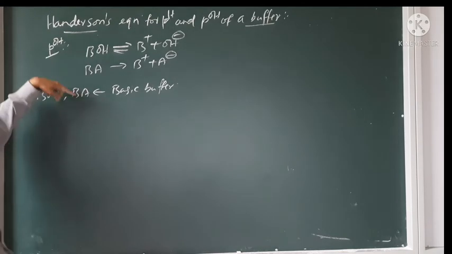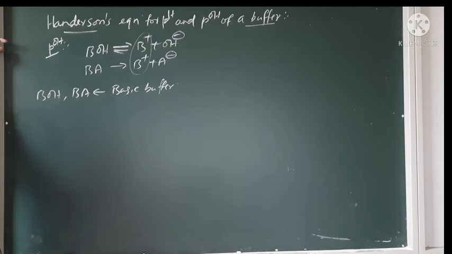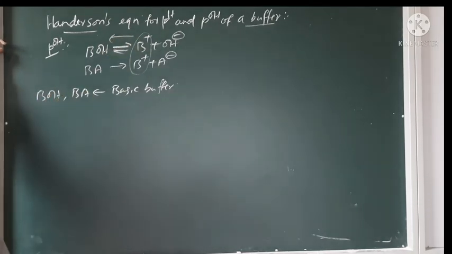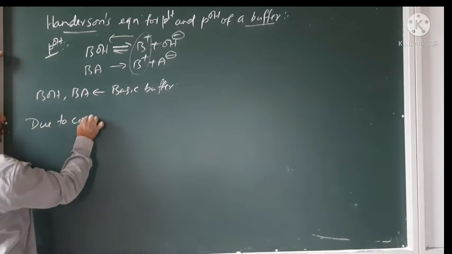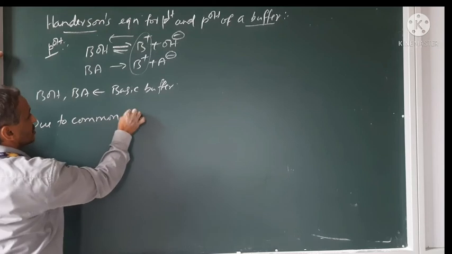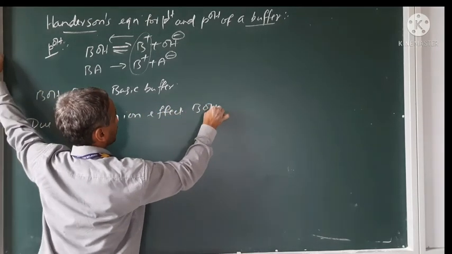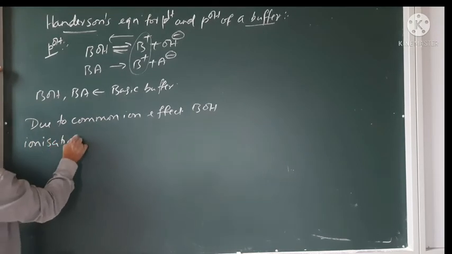Now see here, there is a common ion effect. Due to the common ion effect, BOH dissociation is suppressed. So, due to the common ion effect, BOH ionization is suppressed.